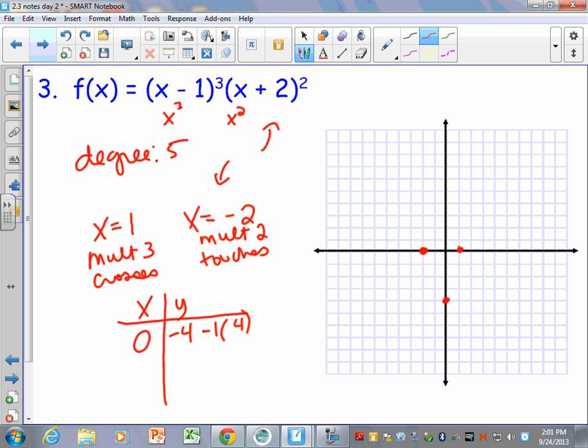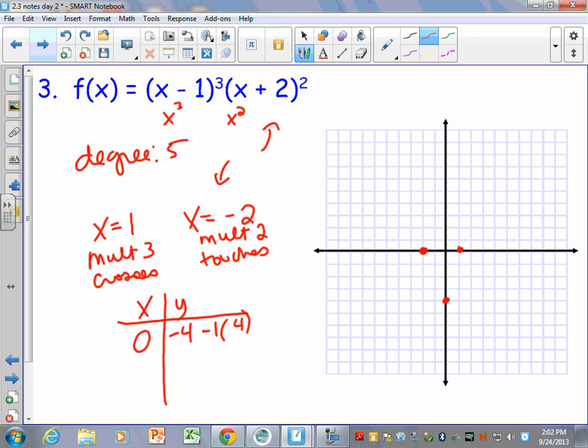This one has to go down from here. I also know my multiplicity. This one has a multiplicity of 3, so I should do some kind of cute little x cubed squiggle there. This one is 2, which means it only touches. So I don't know exactly how it comes up, but it better come up and come back down from there, right? So that's something that you want to think about before you start just randomly connecting lines.